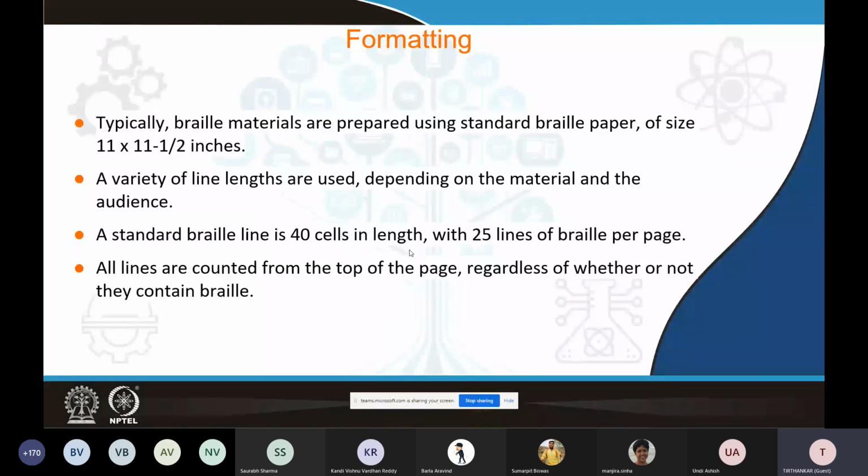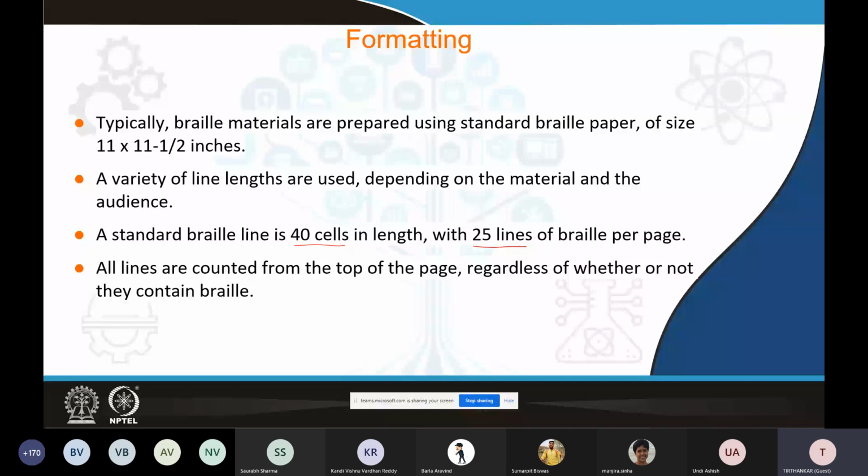something about Braille. And therefore, it has been observed that a typical Braille page contains a standard 40 cells in length with 25 lines of Braille per page, right? So this is the convention that every Braille printer, every Braille embosser has to follow.